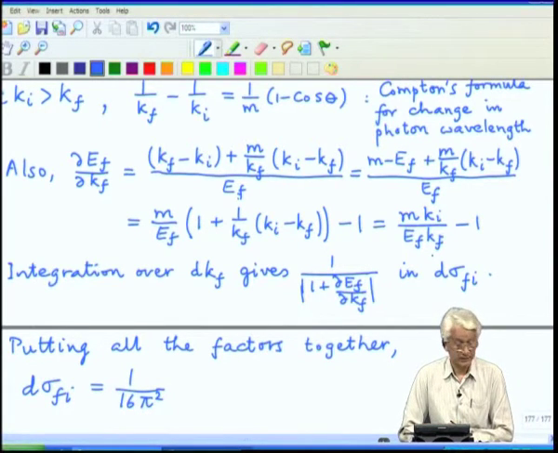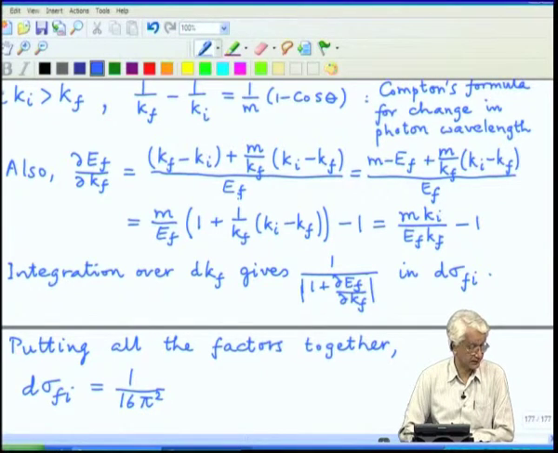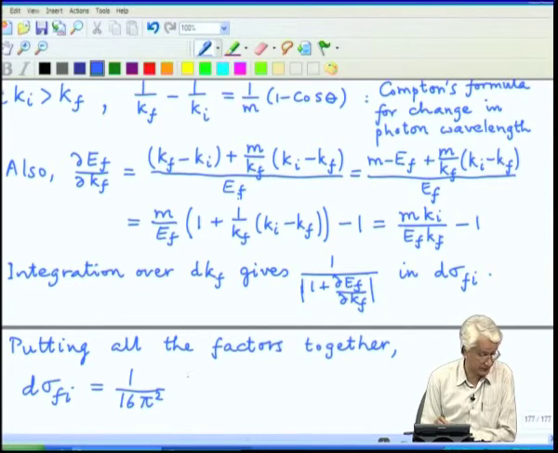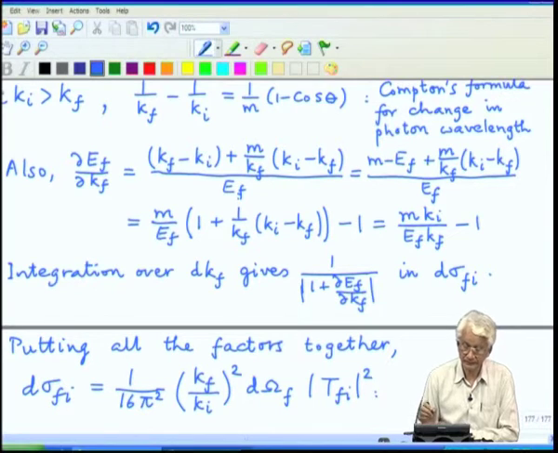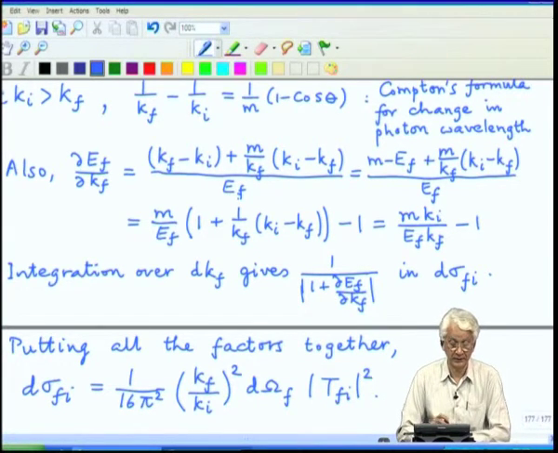Then this E_f k_f part essentially all cancels out, m also cancels out to some degree, and the net result, with omega_f and k_f being equal, is in a rather simple looking form, where the differential cross section is just proportional to (k_f by k_i) whole squared multiplied by the matrix element.